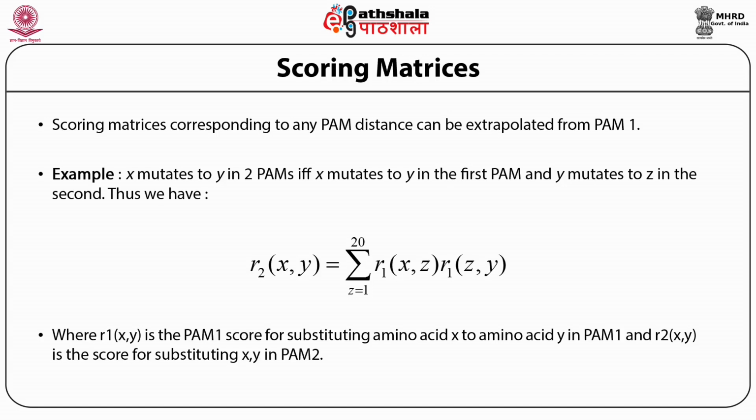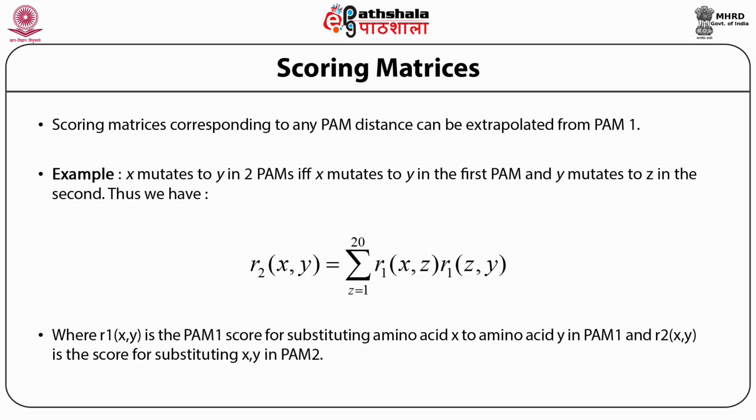And thus, you have the formula out here: if R2 X to Y is the probability that amino acid X changes to amino acid Y, it is the sum of the products that amino acid X changes to any amino acid Z, and then amino acid Z changes to Y, where Z can be each of the 20 amino acids.